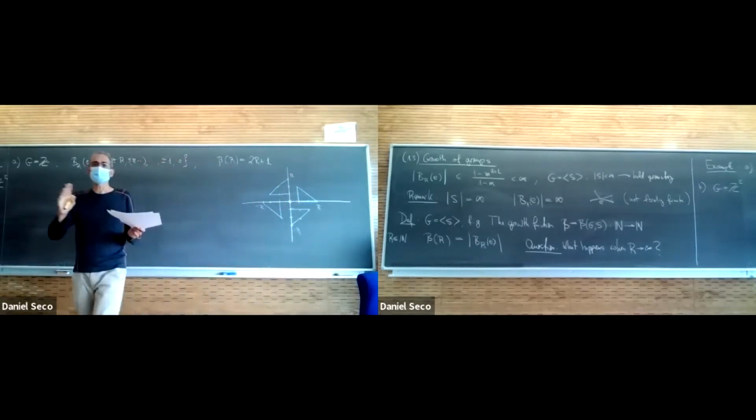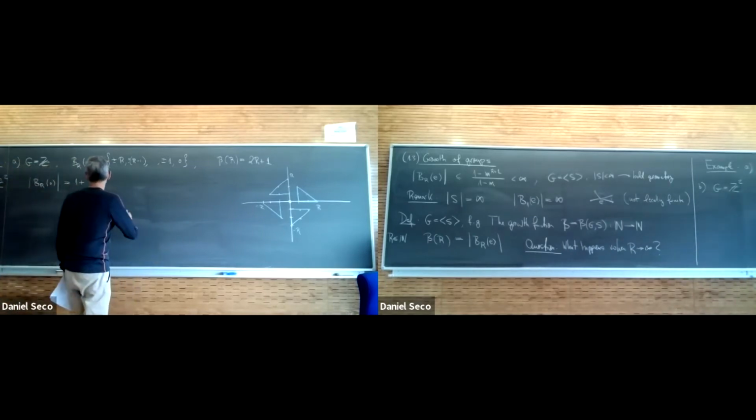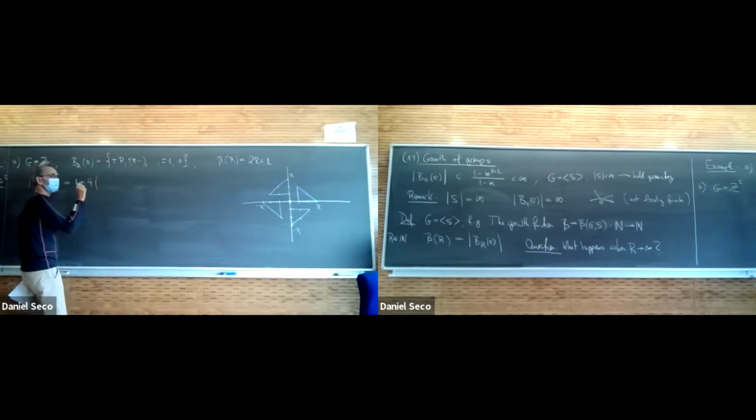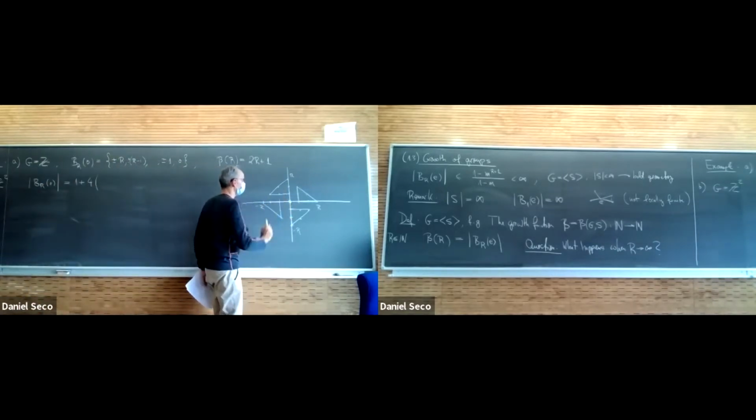So I slice the unit ball into four wings and an extra dot, which is the origin. So how many numbers do I have? And then I have to count 4 times because I have 4 wings. This one here, this one here, this one here, and this one here.